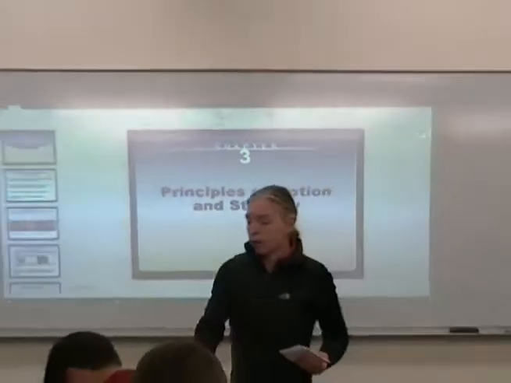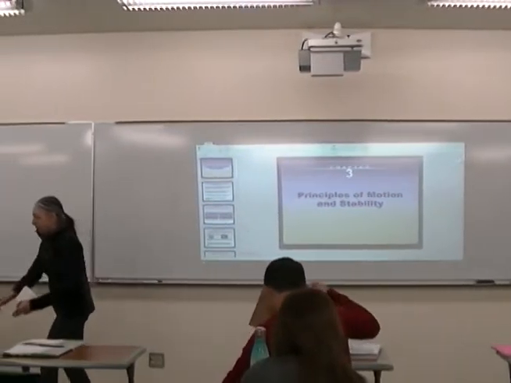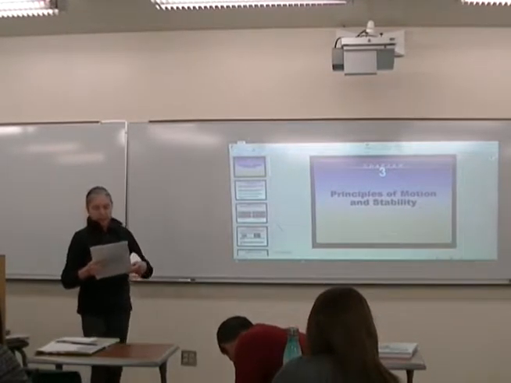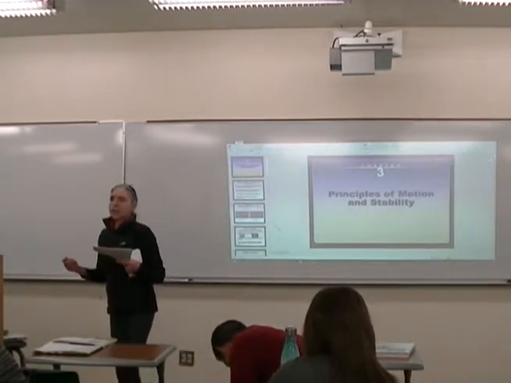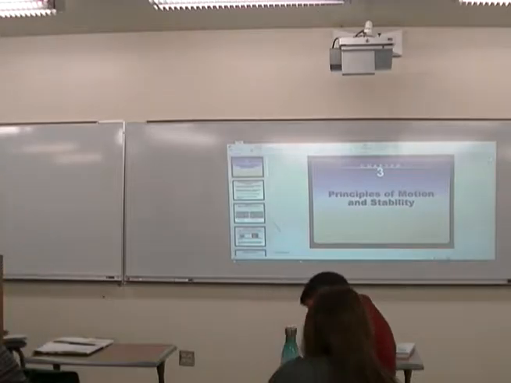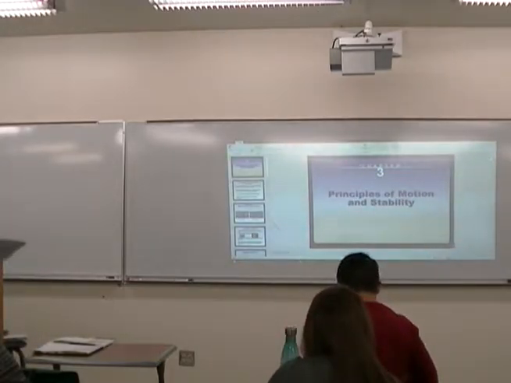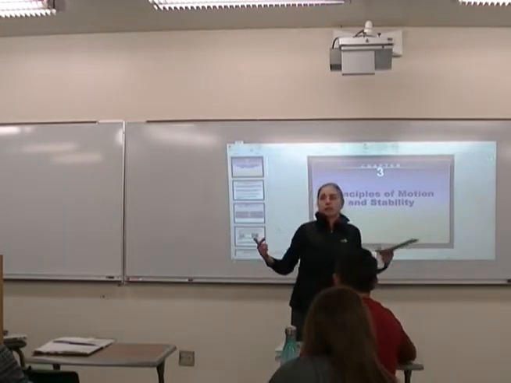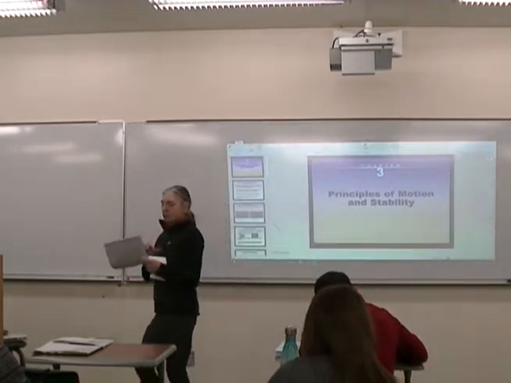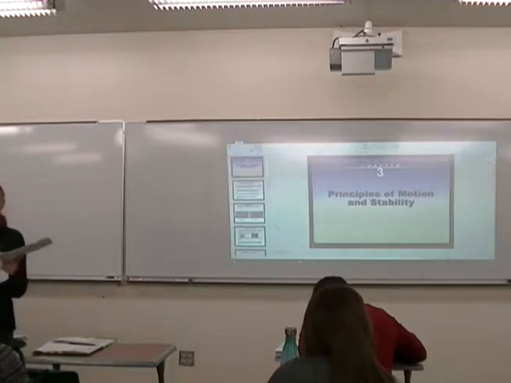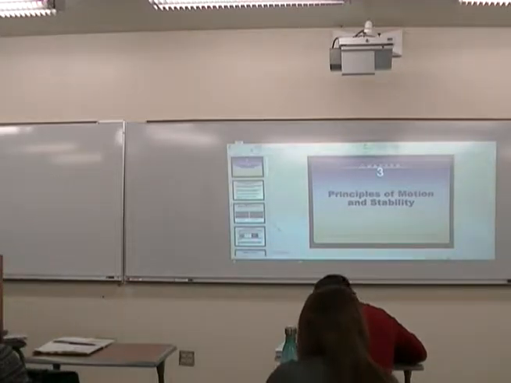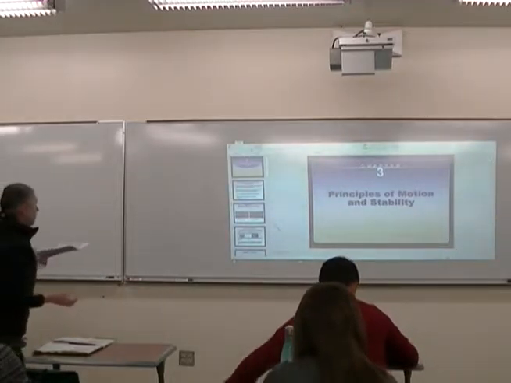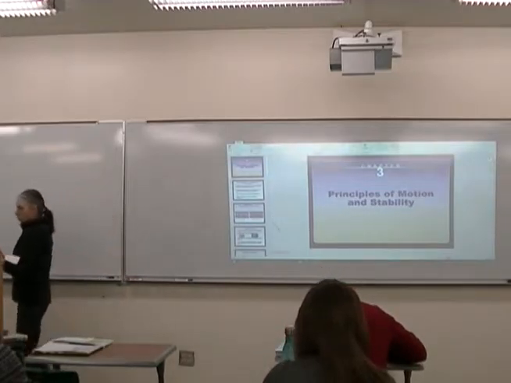Okay, question one. Given the action of gravity, what shape is the flight path for a long jumper?